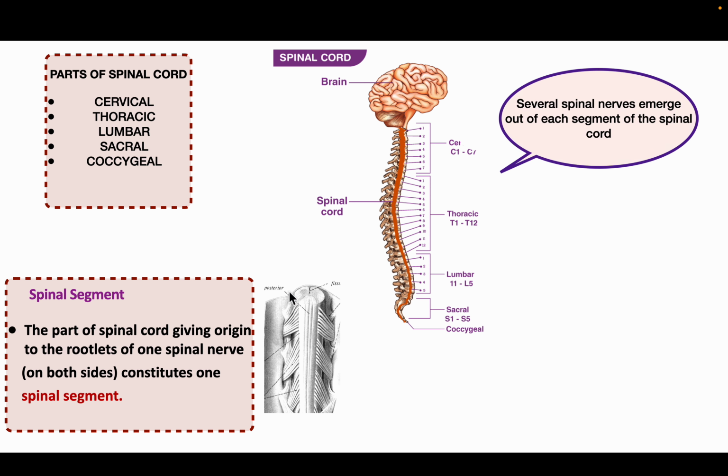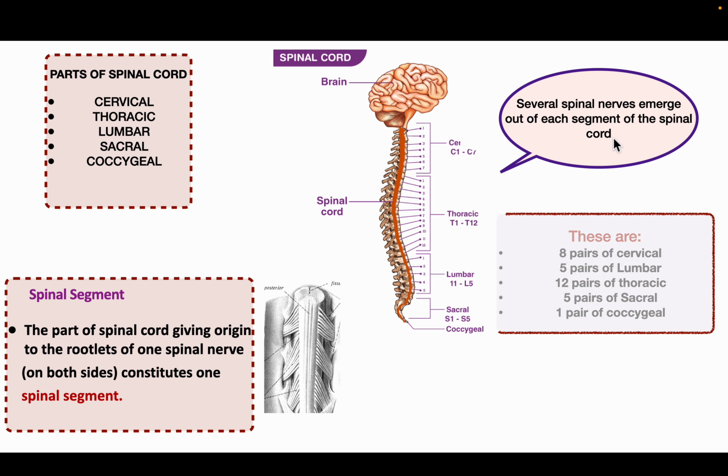Now several spinal nerves emerge out of each segment of the spinal cord. So keeping in mind this structure, there are 8 pairs of cervical spinal nerves, 12 pairs of thoracic spinal nerves, 5 pairs of lumbar spinal nerves, 5 pairs of sacral spinal nerves and 1 pair of coccygeal spinal nerve.